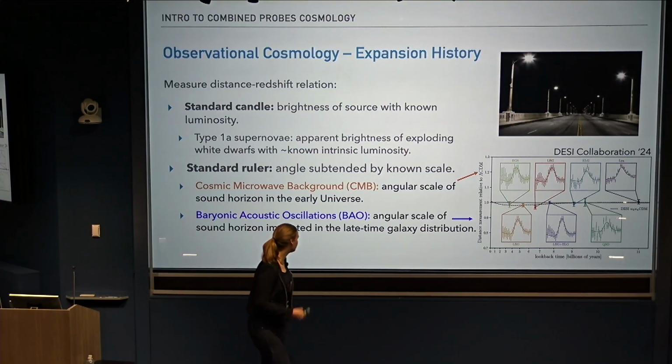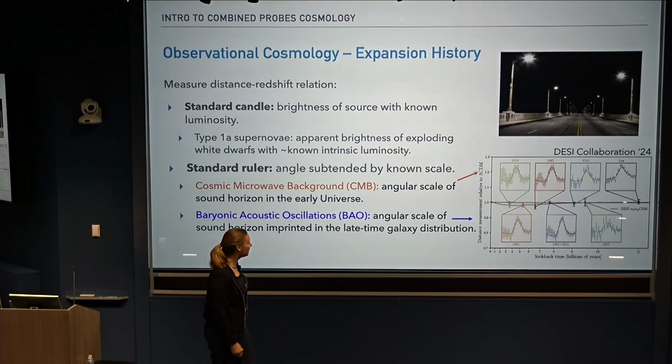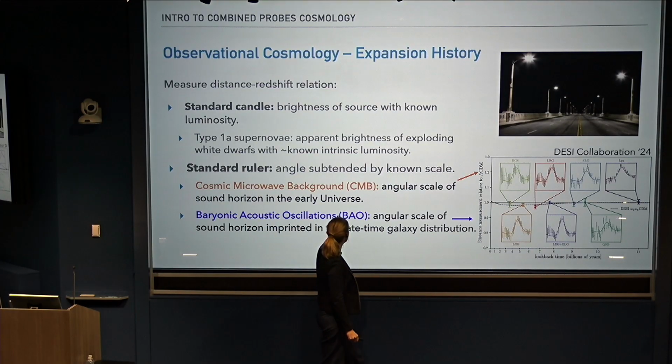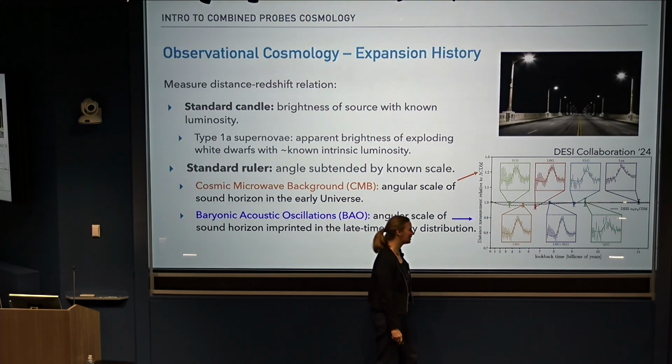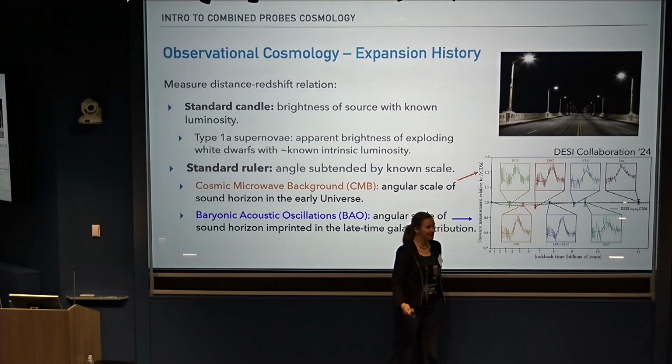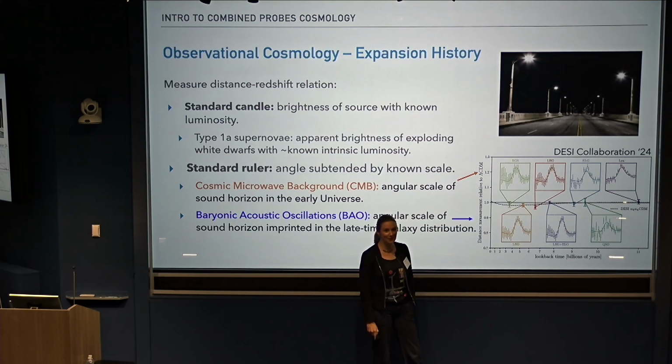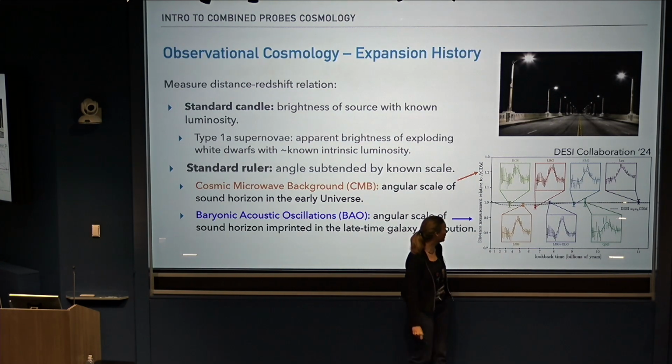And comparing these two, the BAO scale in the galaxies and the CMB gives a surprisingly good agreement, telling us that, yes, something in our cosmological model works really well, but it's getting interesting.